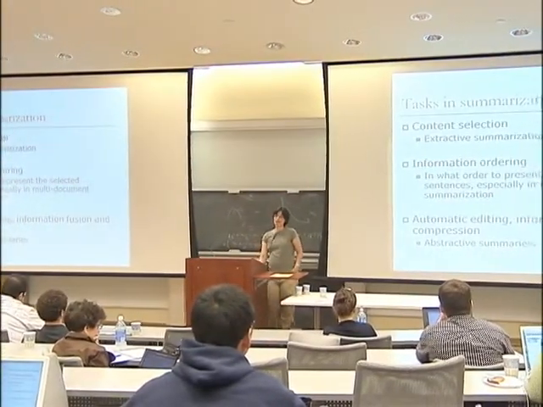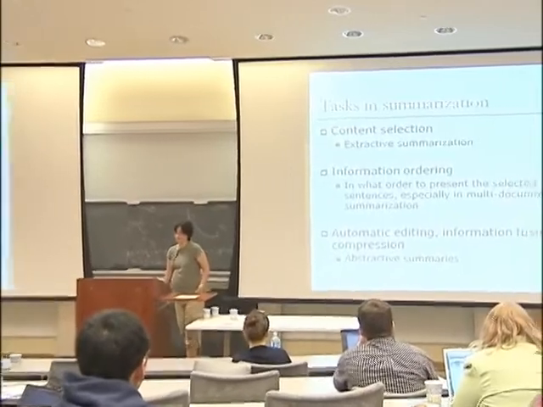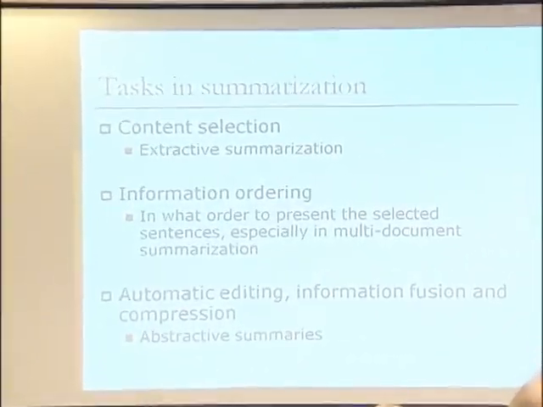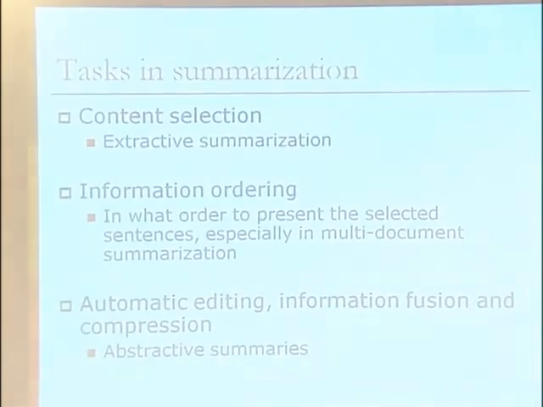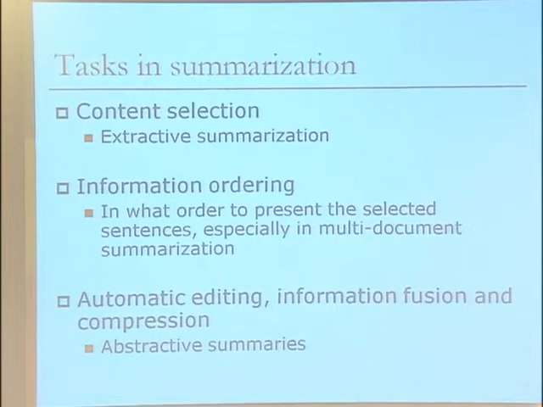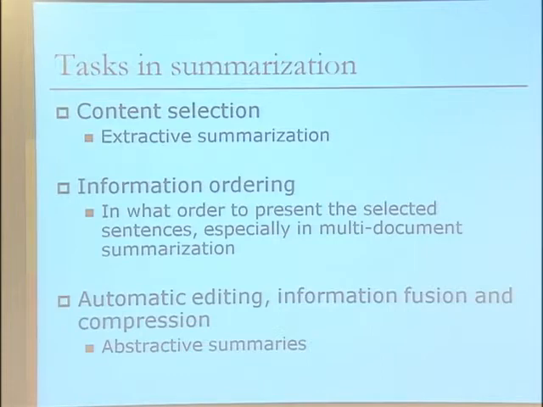So what are the tasks in summarization? Now that we have gotten some flavor of what the different instantiations of the task can be, there's content selection. You have to find the important content in your input. Very often for text summarization, this boils down to finding important sentences.